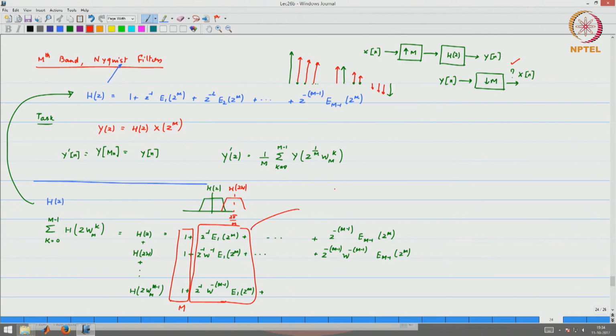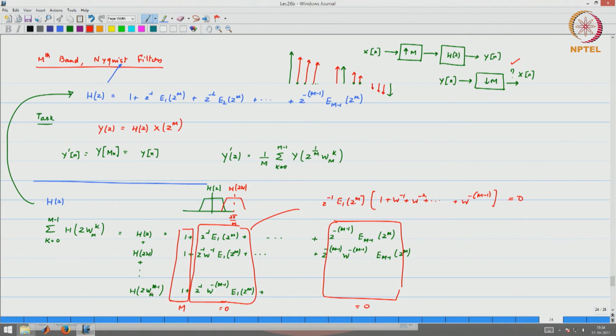So, this can be written as z inverse E1 z power m multiplied by 1 plus w inverse w minus 2 plus w minus m minus 1, powers of the roots of unity. So, therefore, this is equal to 0. So, similarly this adds up to 0. Similarly, each one of these columns you can verify adds up to 0.